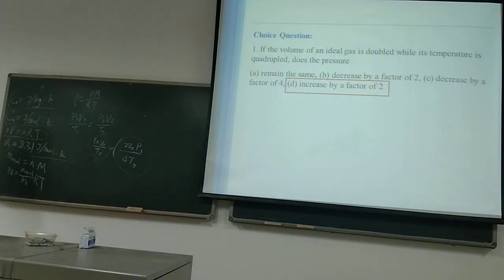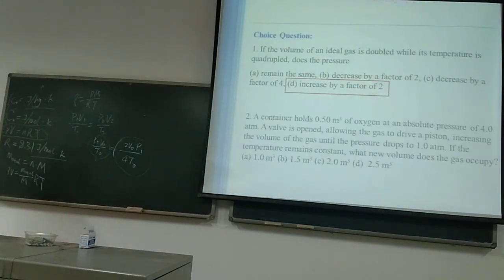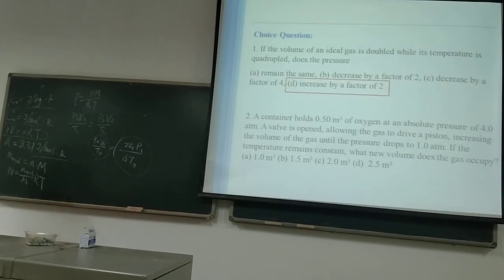Use the equation here. Then a container holds 0.5 cubic meters of oxygen at an absolute pressure of 4 atm, until the pressure drops to 1 atm.